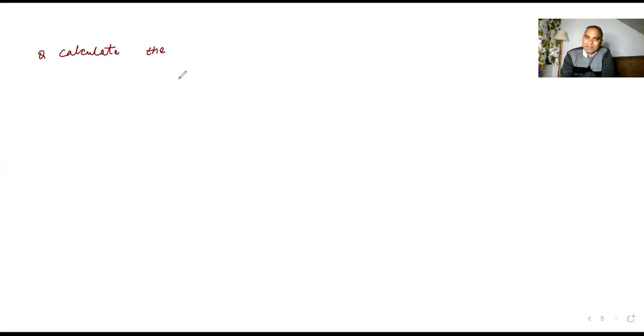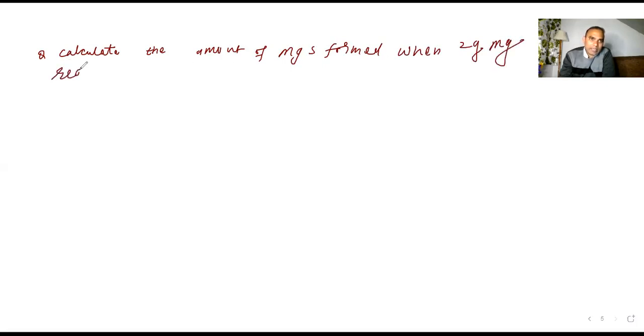So let's see. Calculate the amount of MgS, magnesium sulfide, formed when 2 gram Mg reacts with 2 gram sulfur.